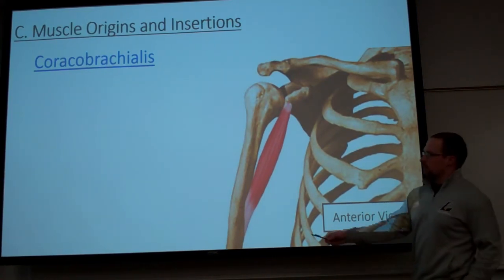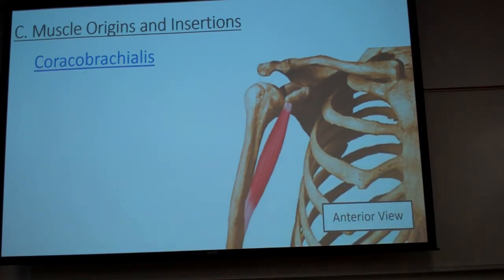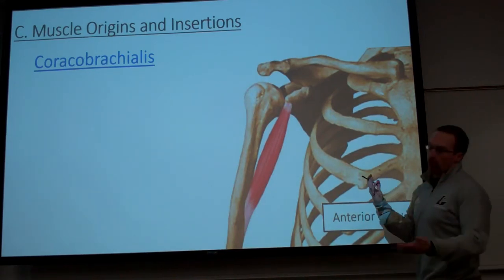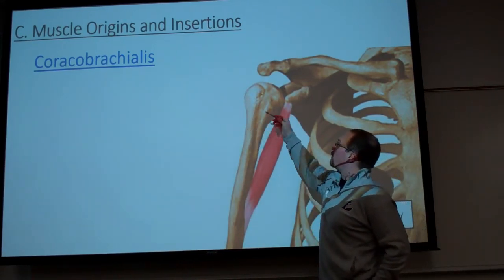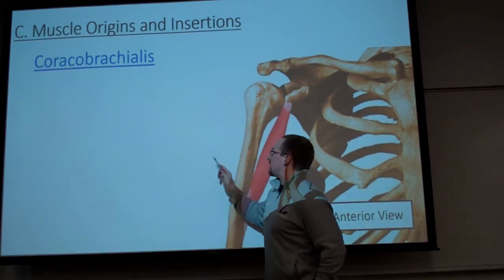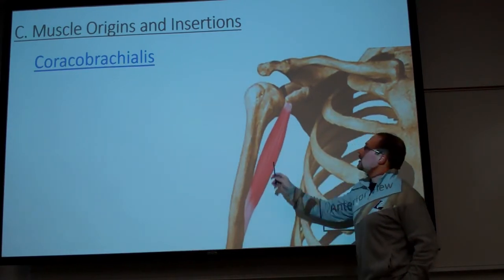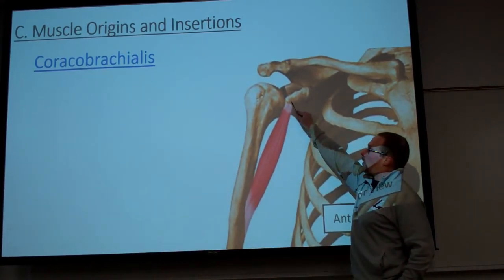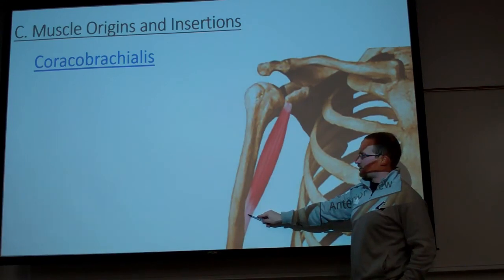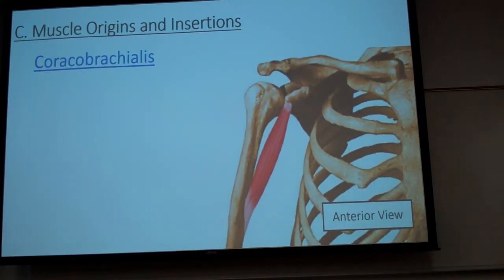Coracobrachialis. This one you will not need to know origin and insertions for. But this one here, the name gives it away. Coraco meaning coracoid process. Brachialis, thinking brachial, which means your arm. So it attaches there on that coracoid process. It attaches also here, on the middle portion of your humerus.